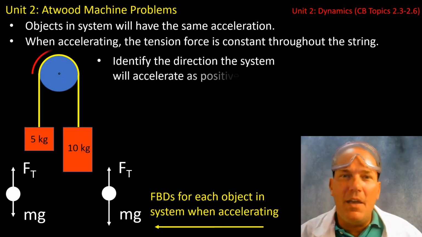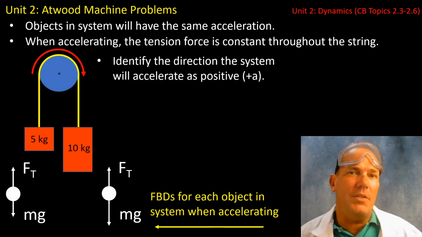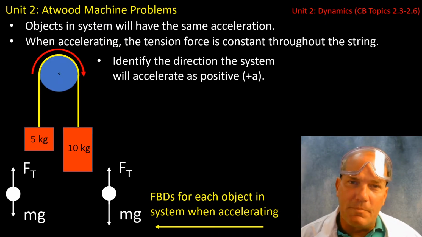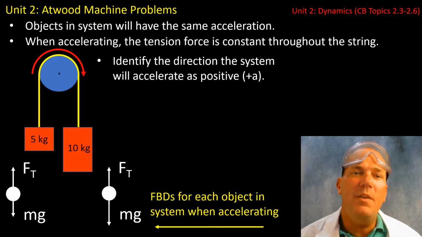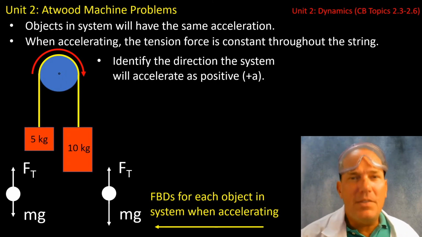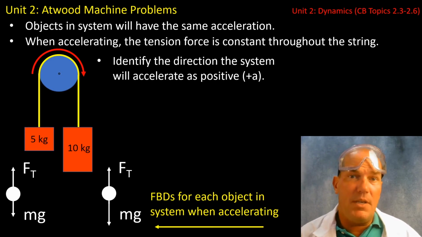Let's identify our direction of acceleration as the positive direction. You know by now, you define your coordinate system. And these problems are most intuitive when we define the direction of the acceleration as the positive direction. It's similar to analyzing objects on an incline.